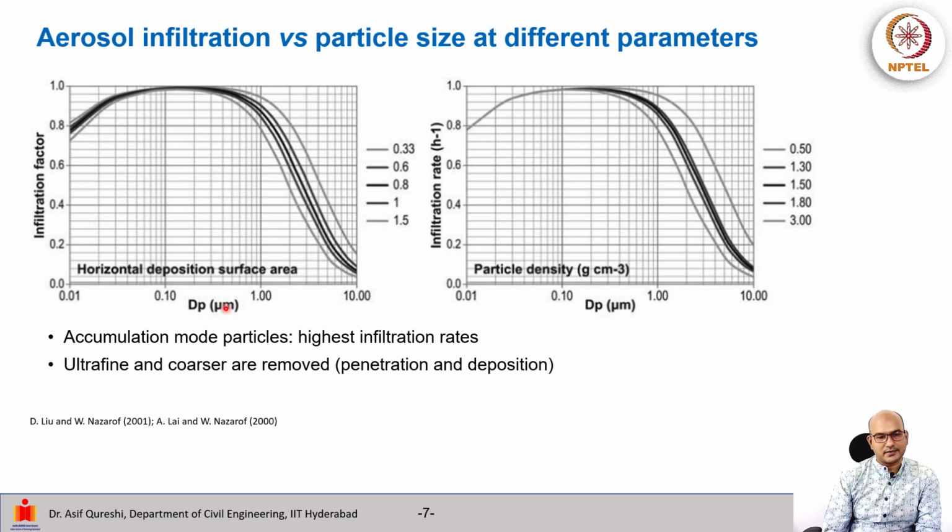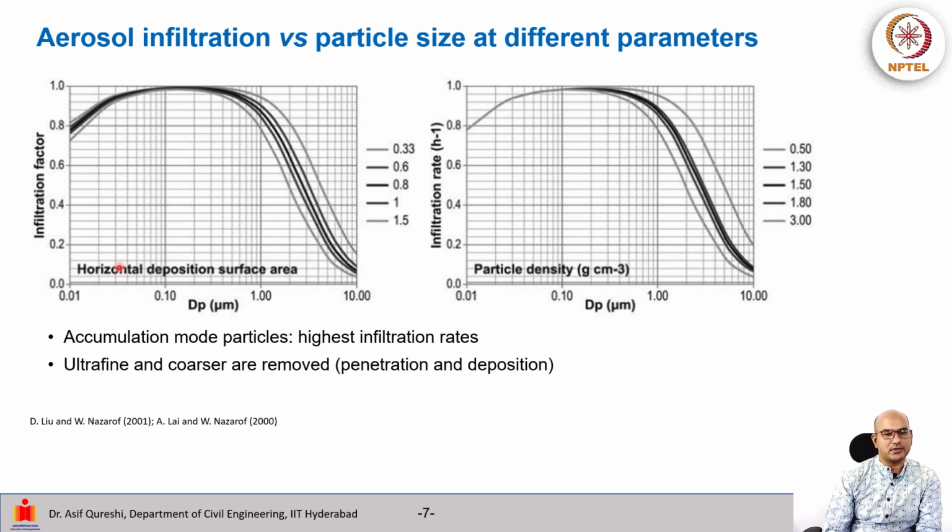On the x-axis we have the diameter: 0.01, 0.1, 1 micron, 10 micron. From 1 onwards we are talking about coarser particles. This is the ultrafine part, and this is somewhat the accumulation mode.